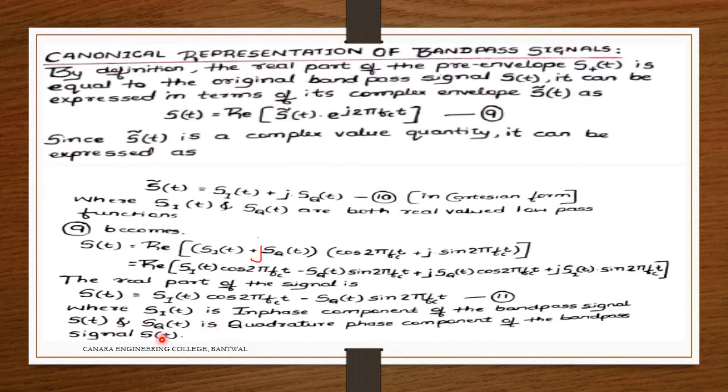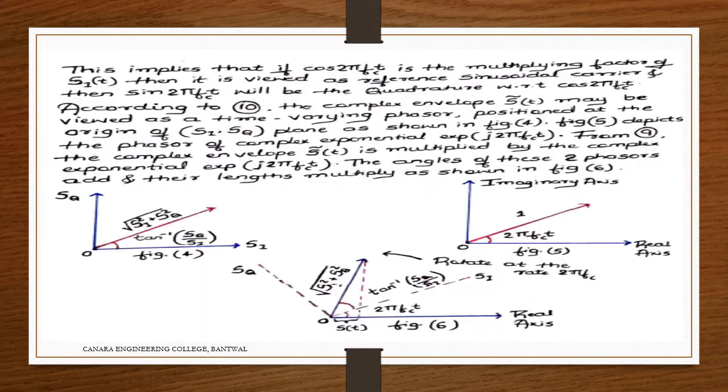Now you can see here that si of t is nothing but the in-phase component of the bandpass signal s of t, and sq of t is the quadrature phase component of the bandpass signal. Now this implies that if cos 2 pi fct is the multiplying factor of si of t, viewed as a reference sinusoidal carrier, then sin 2 pi fct will be the quadrature with respect to the cos 2 pi fct.